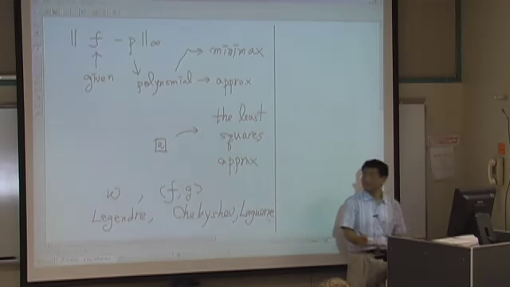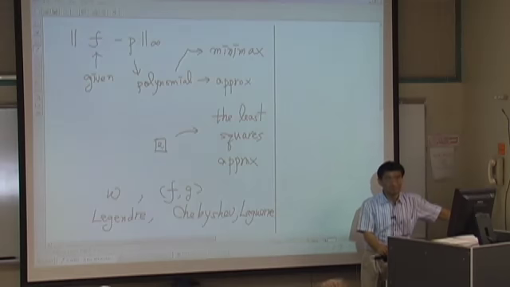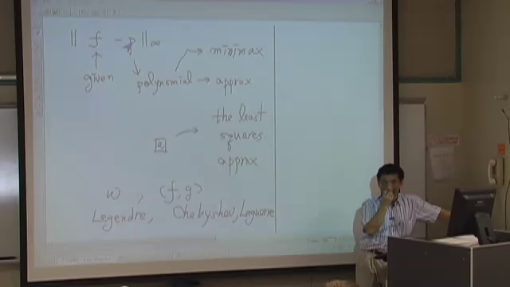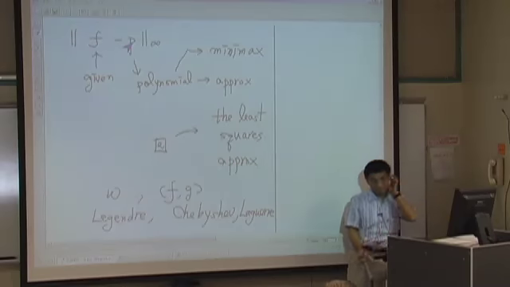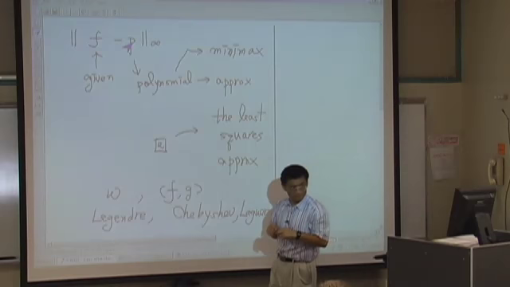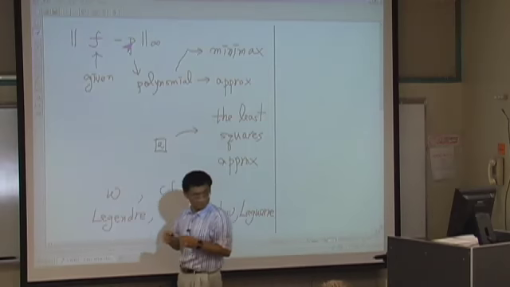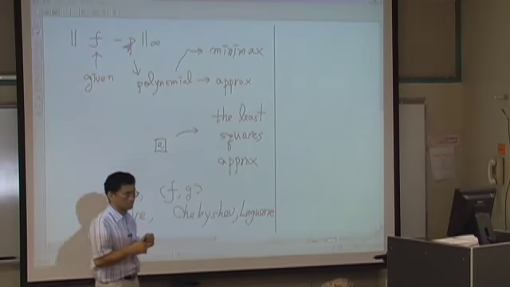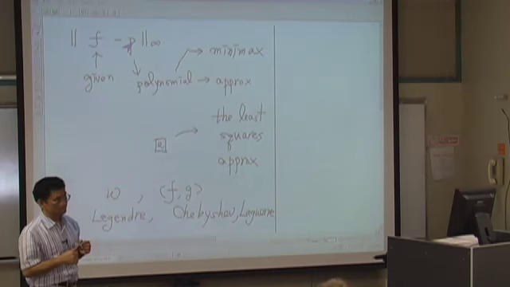Any questions? Yes. Can we back up to the f minus p there? I'm trying to imagine you have f, and p is a set of data, some polynomial that you're trying to see how close the data is to.